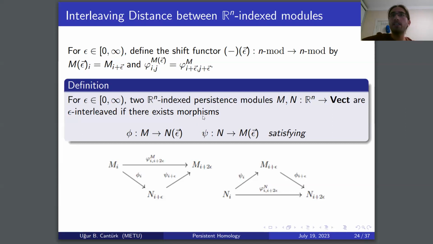By the way, here morphisms means natural transformations. So again, we have the parallelogram diagrams as well. Now we have defined ε-interleaved. As you can see, it detects how far two persistent modules are from being isomorphic.